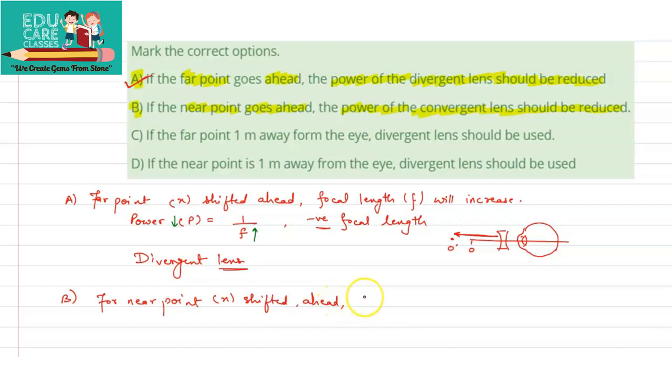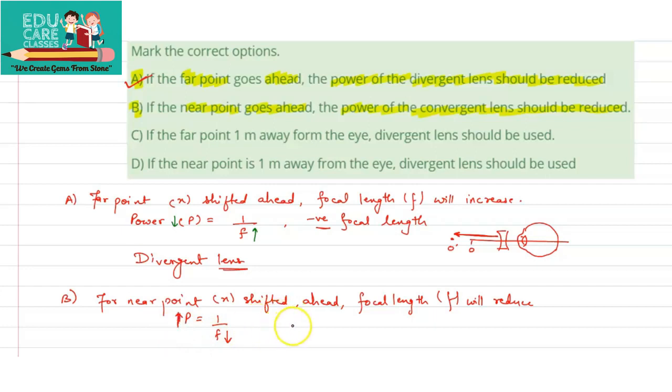Now, if your near point is shifting, your focal length will reduce. Now, P is equal to 1 by F, so if the focal length is reducing, your power should increase.